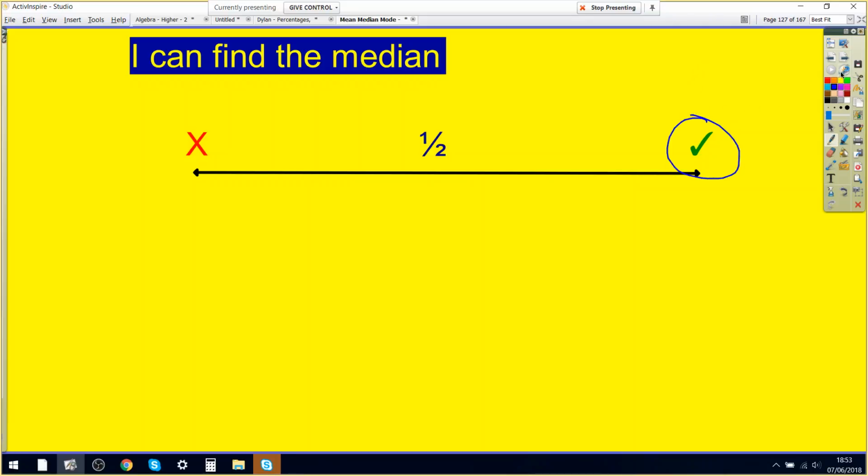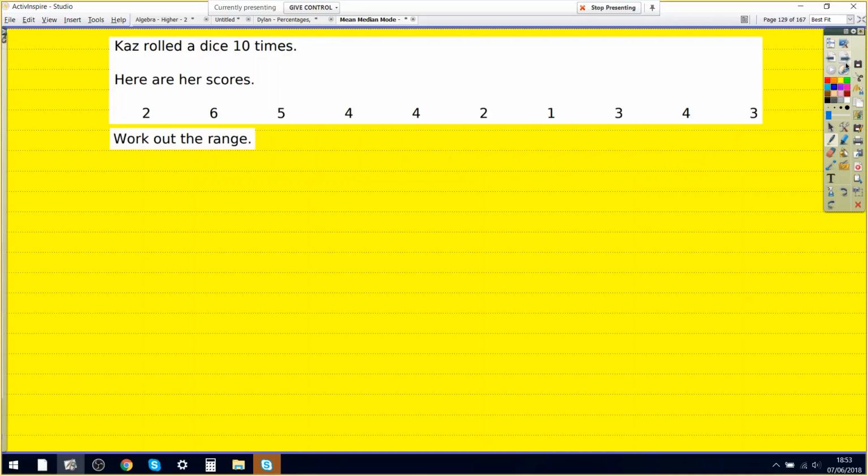Tick. Range. Work out the range. Any idea how you find the range or what that is? Isn't that for recurring number? That's the mode. Range?